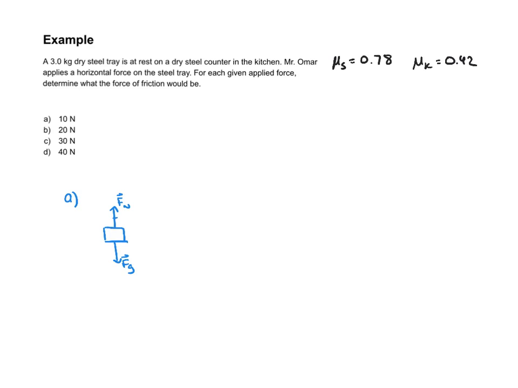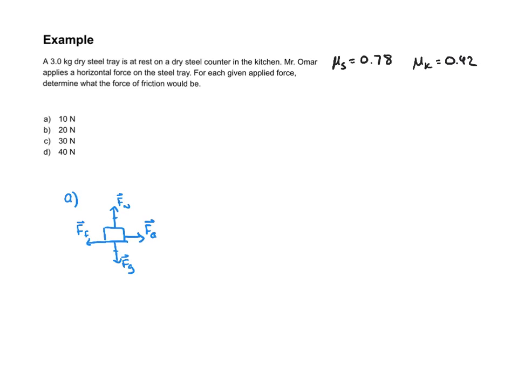These two are equal in size because the tray is not going to accelerate up or down, off the counter or into the counter. Now Mr. Omar is going to apply a force on it in the forwards direction, that's horizontal, and the force of friction is going to resist that force. Now the question is, what is the force of friction?